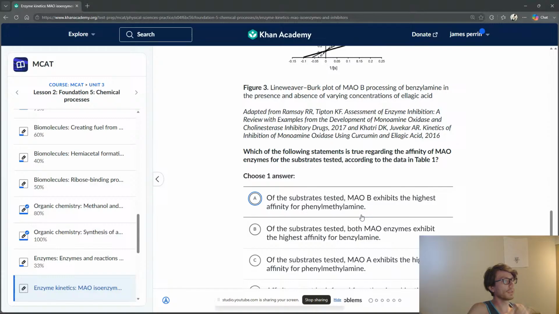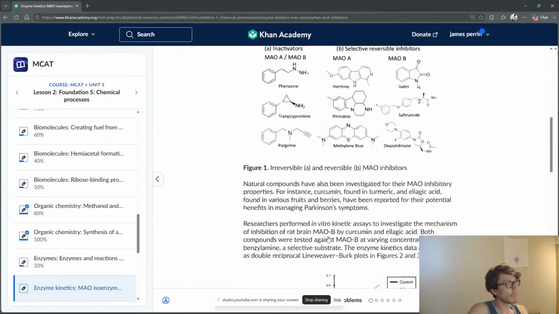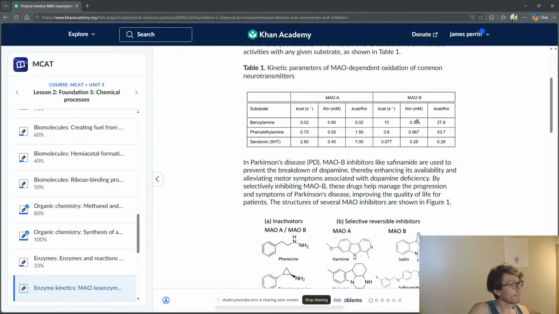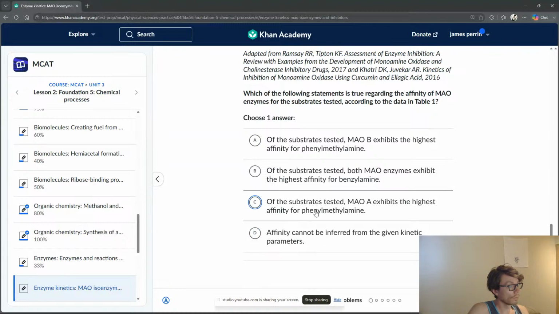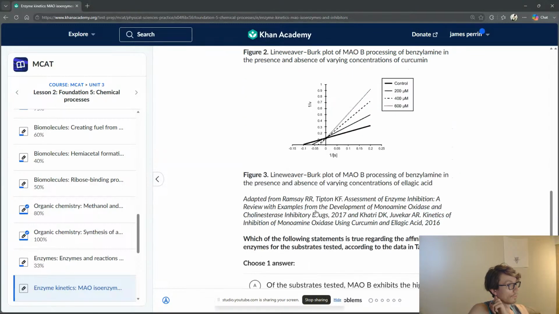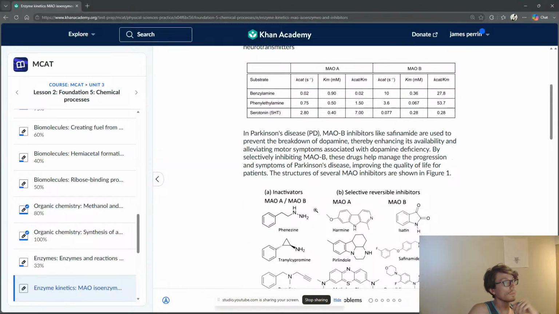Substrates tested, both MAO enzymes exhibit the highest affinity for benzylamine, which, not if we consider the catalytic values. That's in millimolar per second.